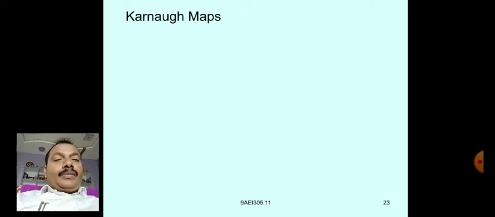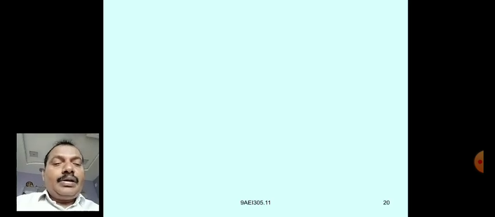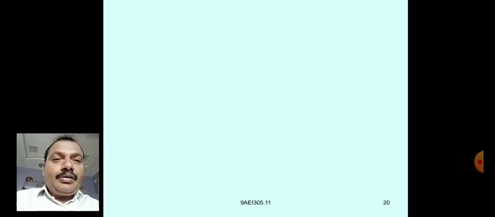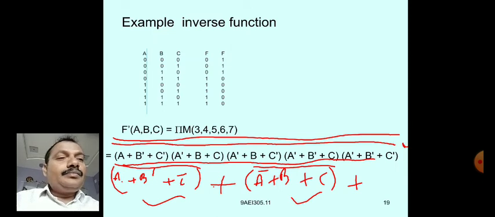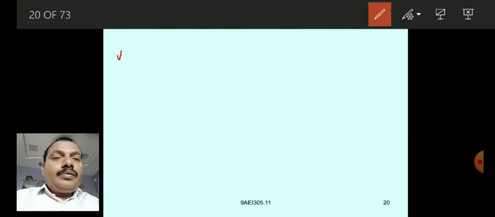Now, let us take a simple example: a two variable truth table with inputs A and B, and output y.